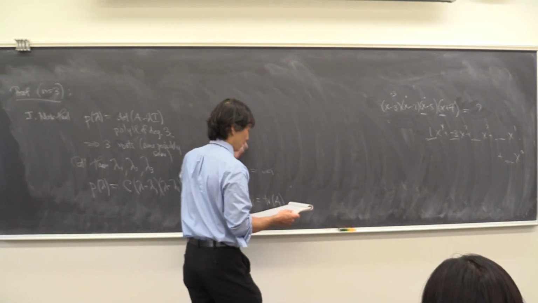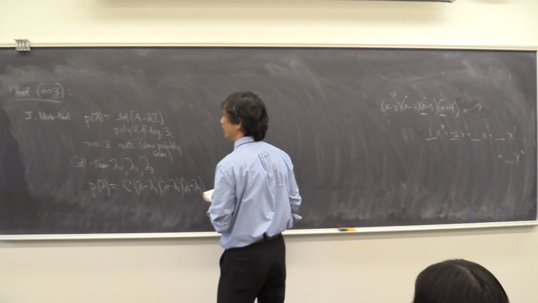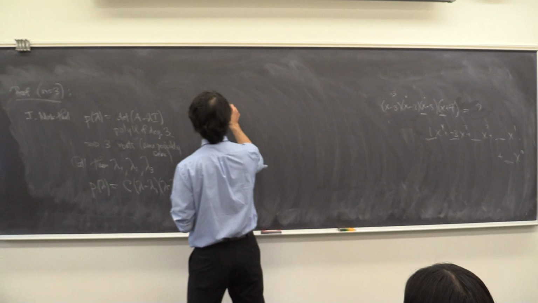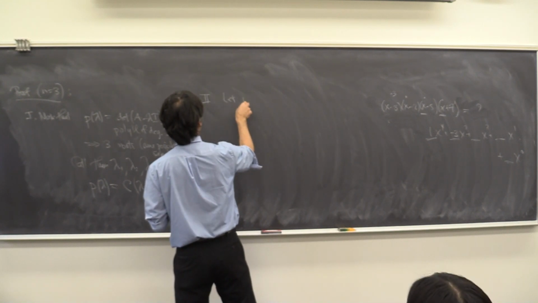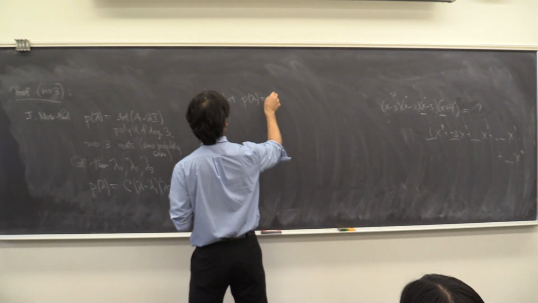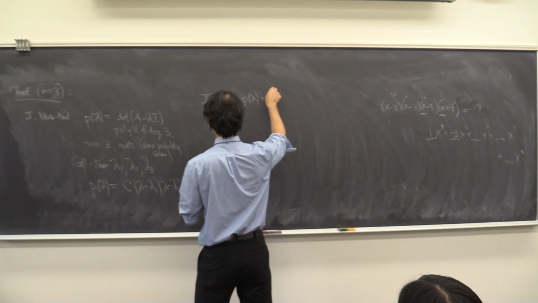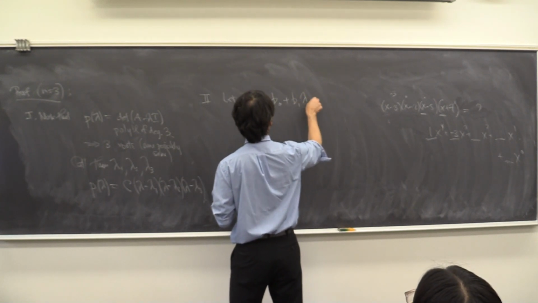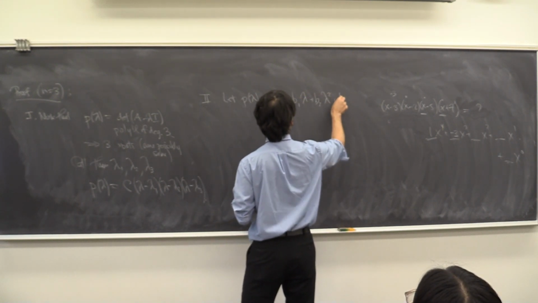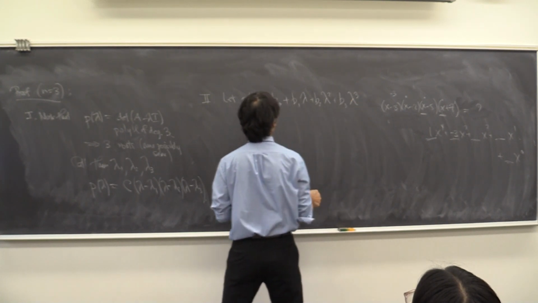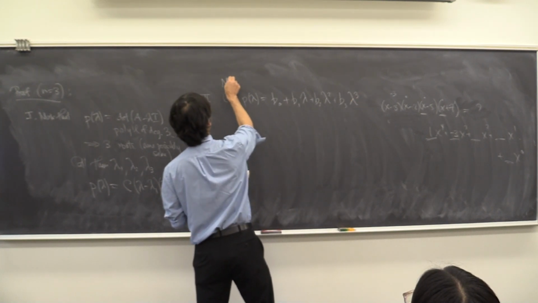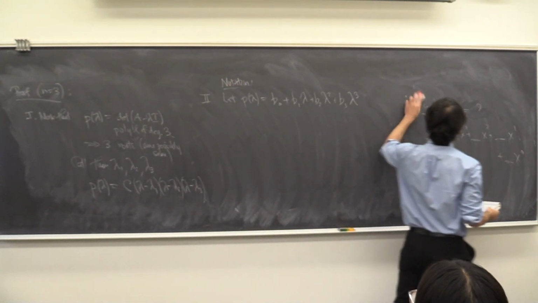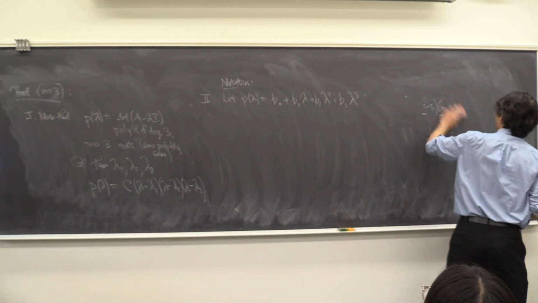Okay, part 2. Now let's write P of lambda as B0 plus B1 lambda plus B2 lambda squared plus B3 lambda cubed. I'm just putting down notation: let the coefficients be denoted by b's.